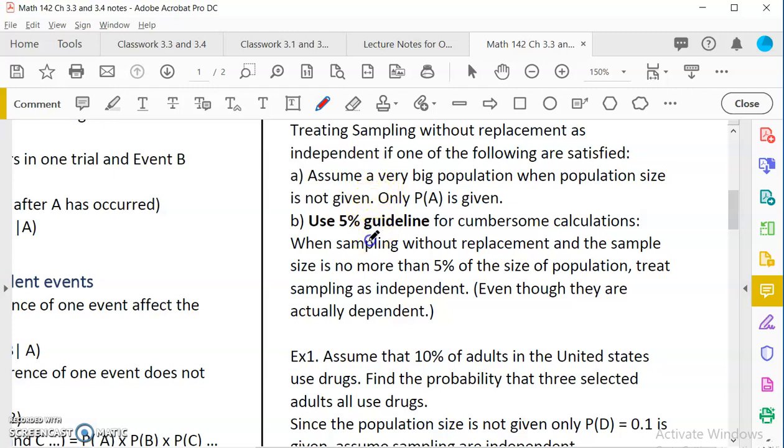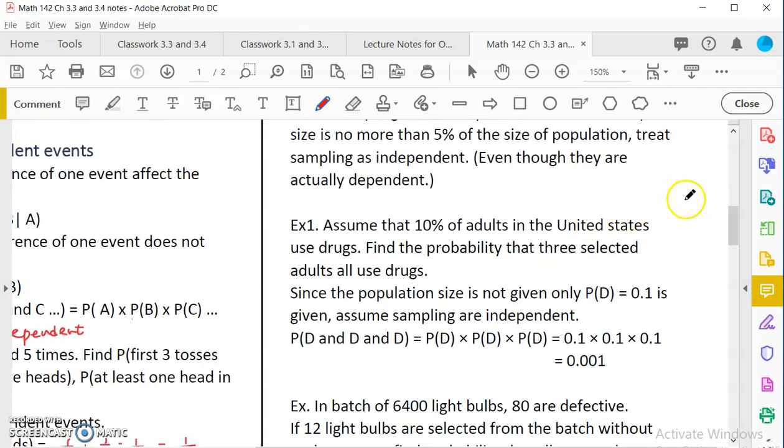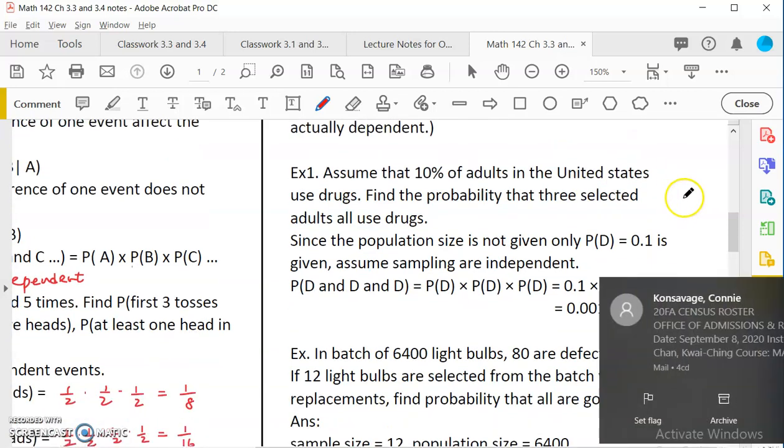Those are less than 5% of your population. In those cases, even if you are sampling without replacement, there is a very low chance of getting the same students or the same sample. So you would just treat them as independent, as if they were sampled with replacement.